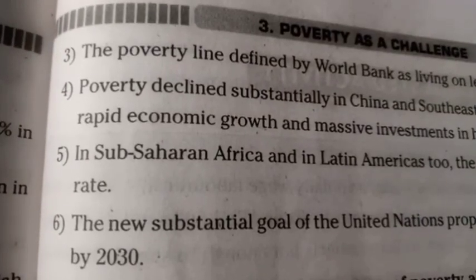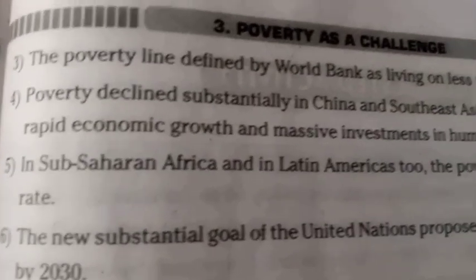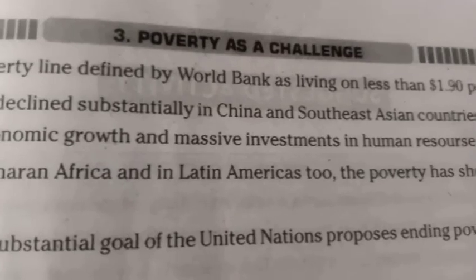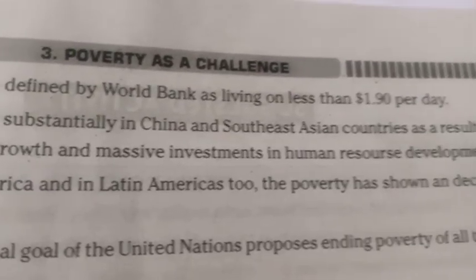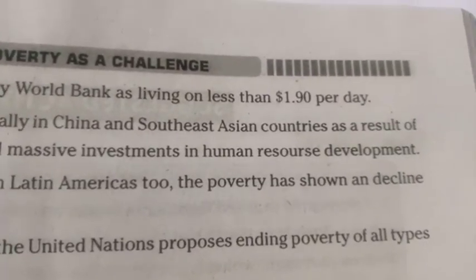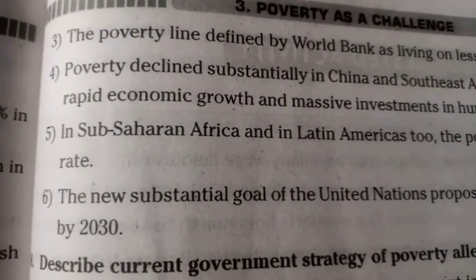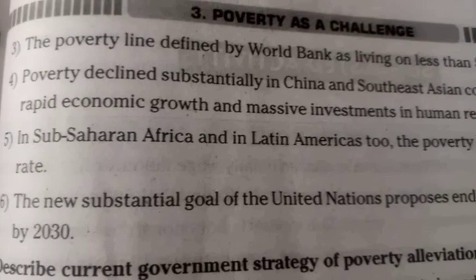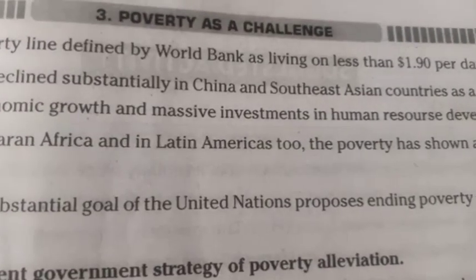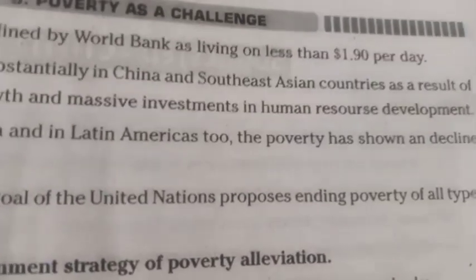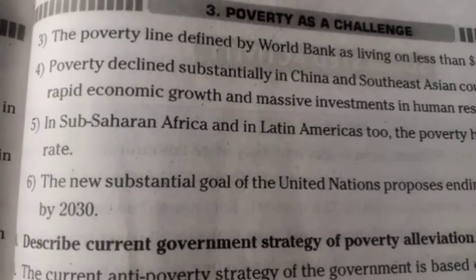Fifth point, in sub-Saharan Africa and in Latin America too, poverty has shown a declining rate. Sixth point, the new Sustainable Development Goal of the United Nations proposes ending poverty of all types by 2030.